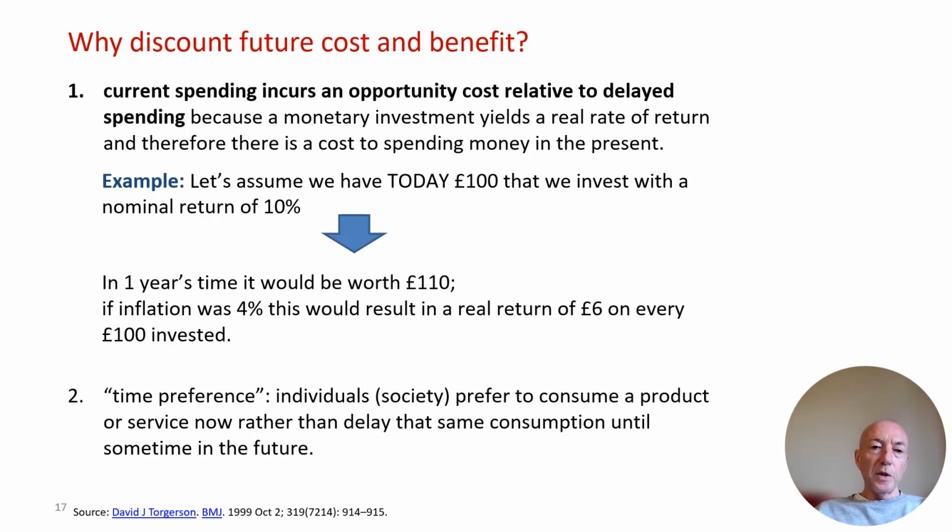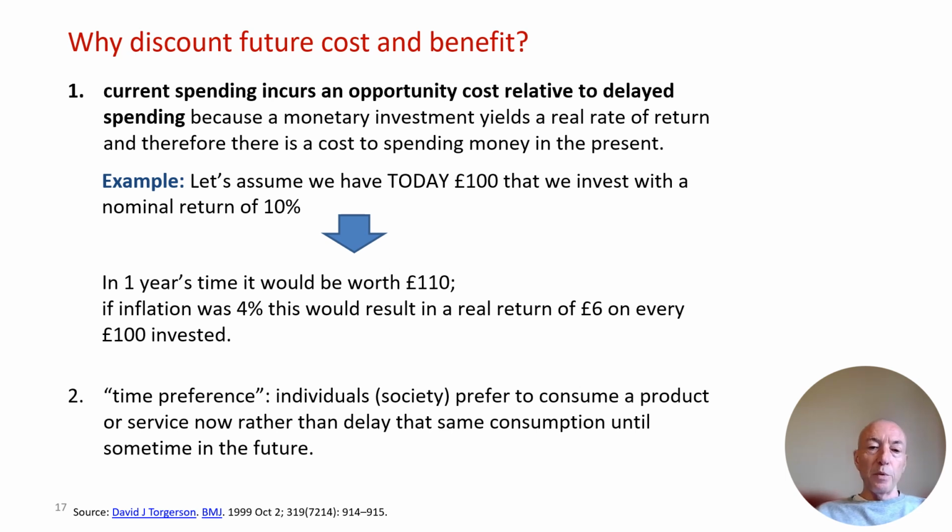So why do we discount future cost and benefit at typically 3% per year? Well, first of all, because current spending incurs an opportunity cost relative to delayed spending, because a monetary investment yields a real rate of return, and therefore there's a cost to spending money in the present.